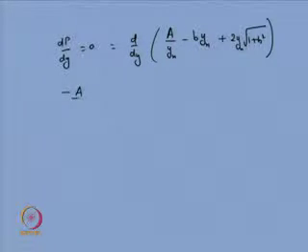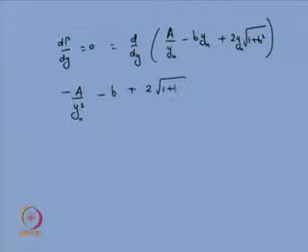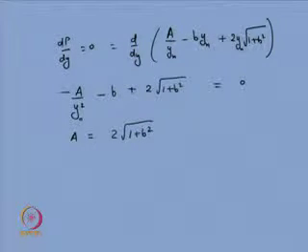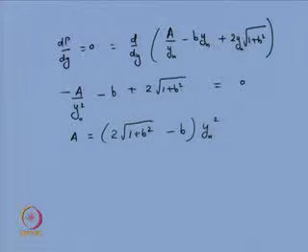Differentiate the quantity, you will get minus A by yn squared minus B plus 2 times root of 1 plus B squared. This is equal to 0. So, you are getting A is equal to 2 times root of 1 plus B squared minus B, the whole quantity into yn square.